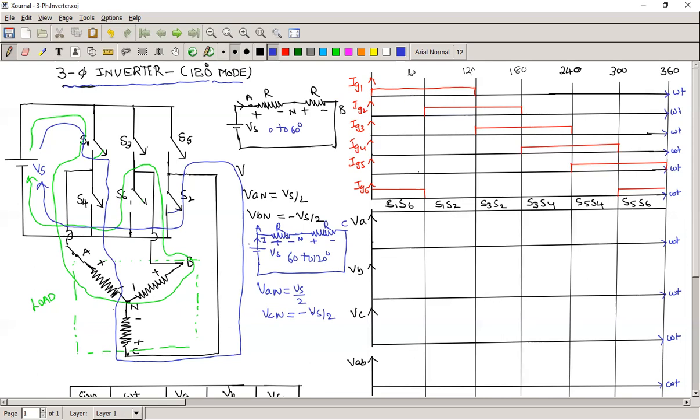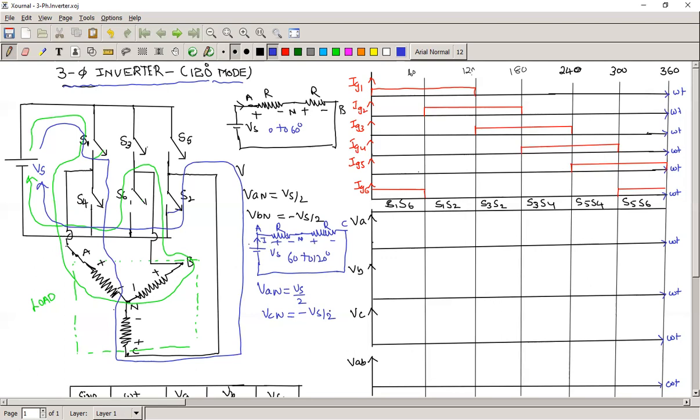So from these two modes of operation, we can conclude that at any instant, two devices are conducting, one from the positive group and another from the negative group. In the equivalent circuit, if the particular phase is before the neutral, it is getting the positive voltage. After the neutral, it is getting the negative voltage.